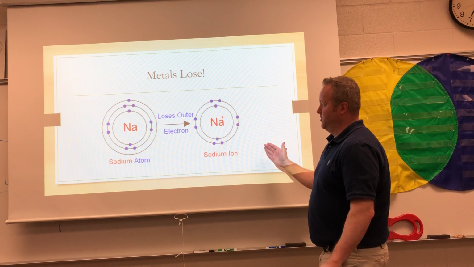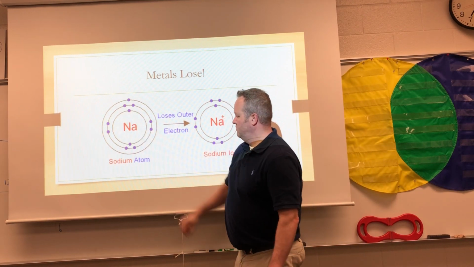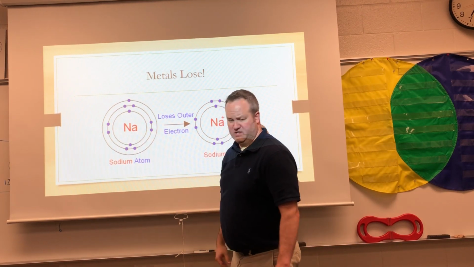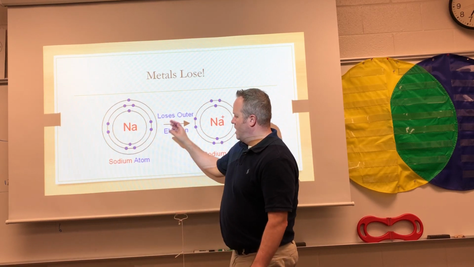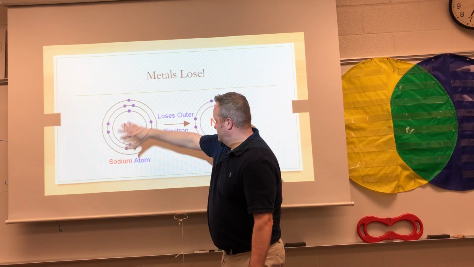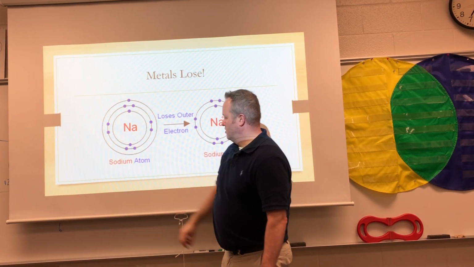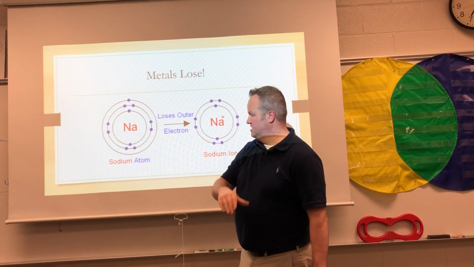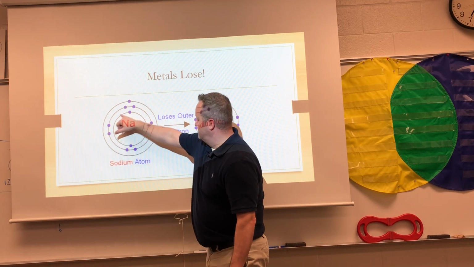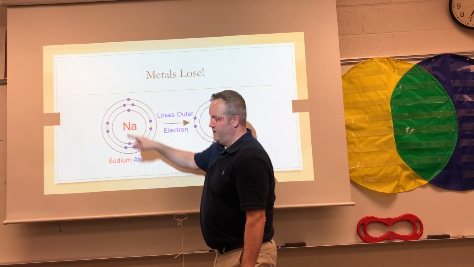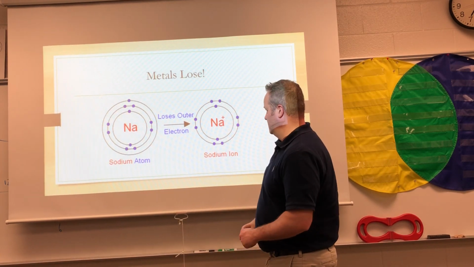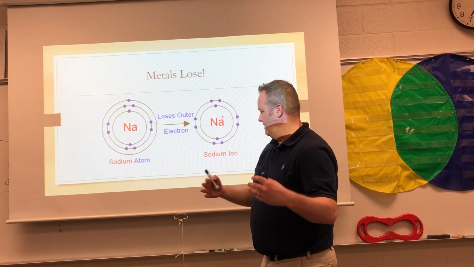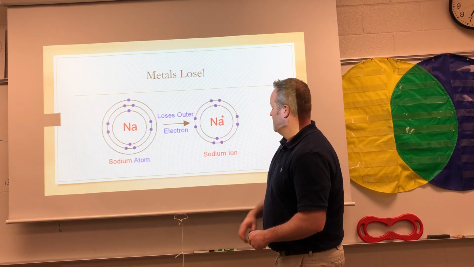Now, here's an example of sodium. This is the Bohr model of sodium, and typically with this structure, you're going to have 2 electrons in the first energy level, 8 in the second, and 1 in the third and last energy level, so you have a total of 11 electrons.